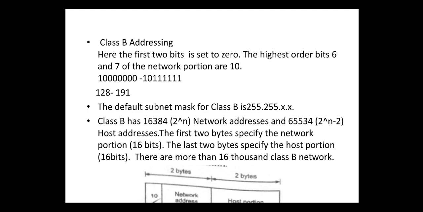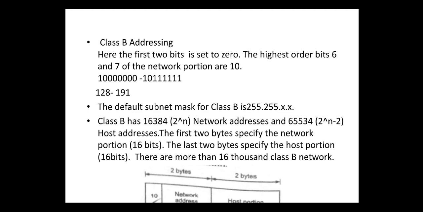Class B has 2 raised to n, that is 2 raised to 16 minus 2, that is 16,000 network addresses, and 2 raised to 16 minus 2, that is more than 65,000 host addresses. Okay, 2 raised to 14, because 2 bits are for identification, that is 1 and 0.